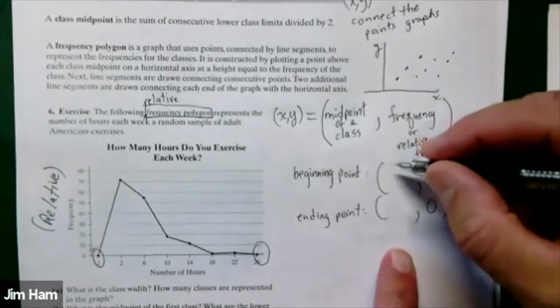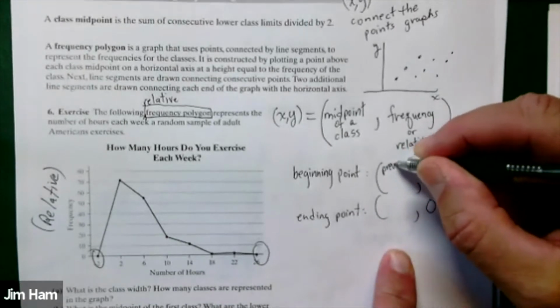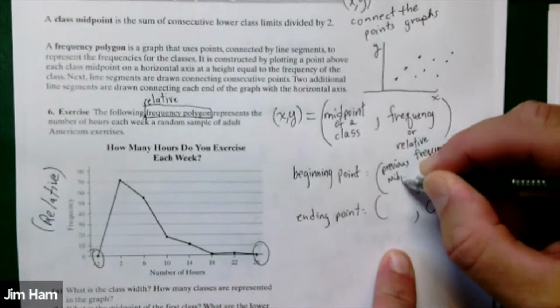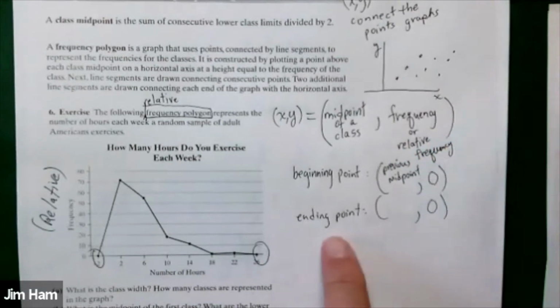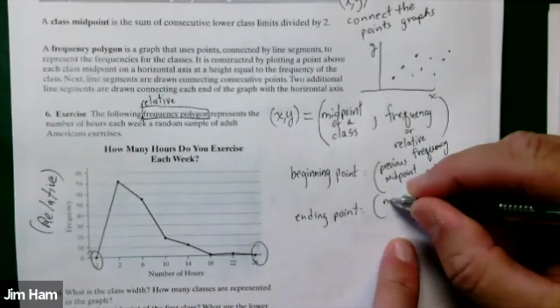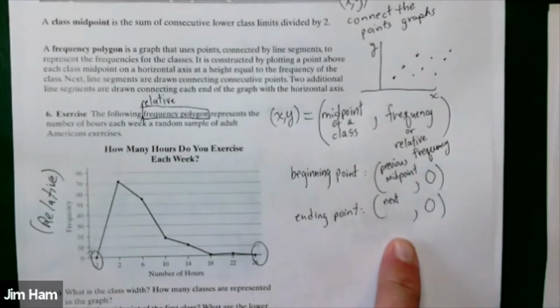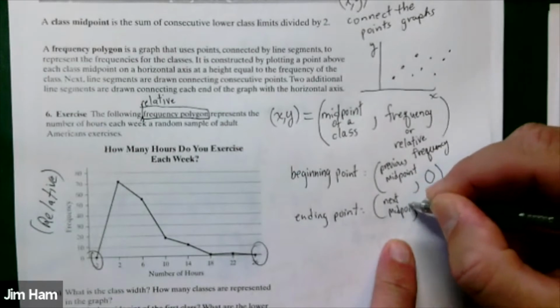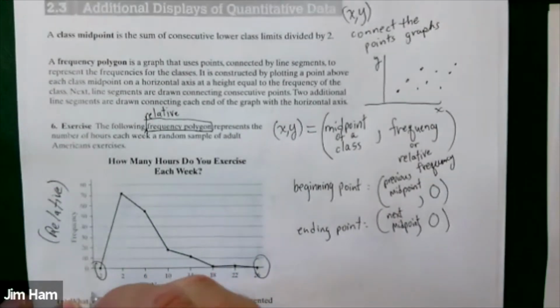The beginning point would be put on what would be the previous midpoint, and the ending point would be the midpoint that comes after the last one. I'll just call it the next midpoint. I'm going to write down the coordinates.